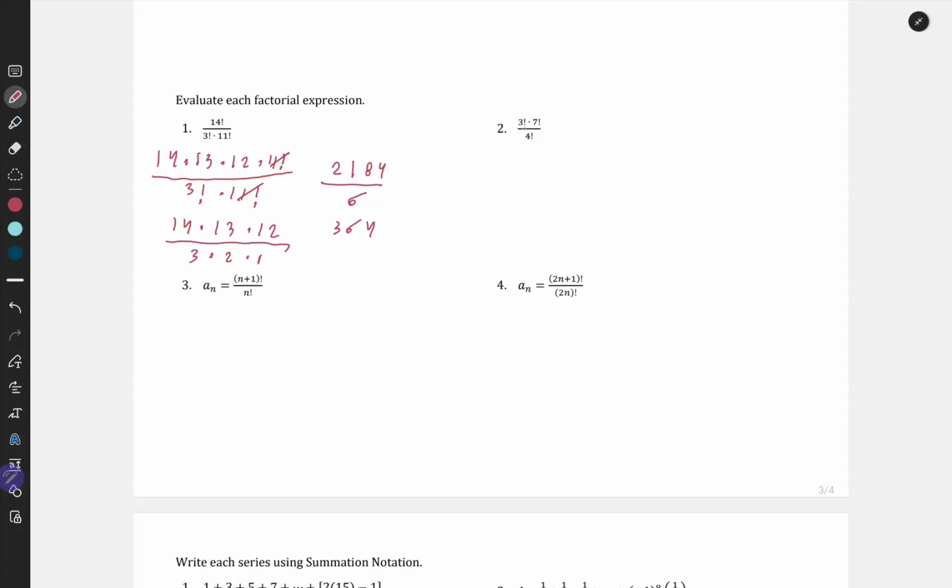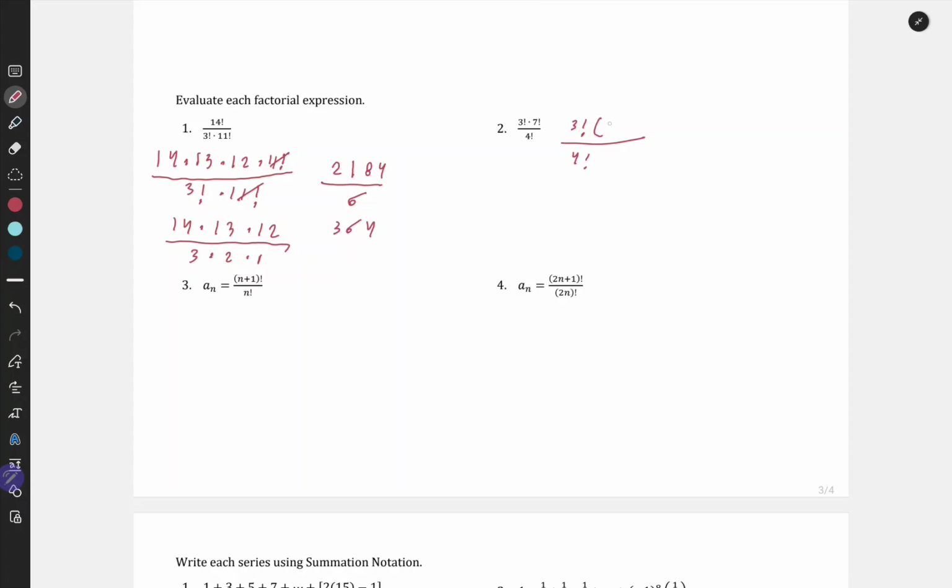We have 3 factorial and we have 7 factorial. Now what do you do when you have this type of odd situation? Well, first I would recommend picking the number that you can dissect the most, most preferably the biggest one. So let's just do the 7 factorial.